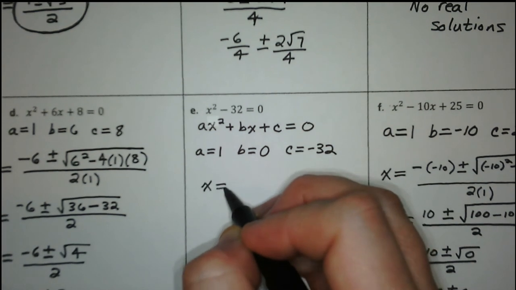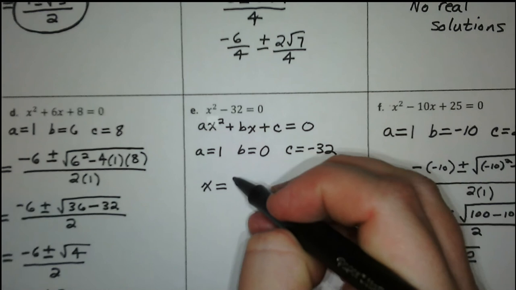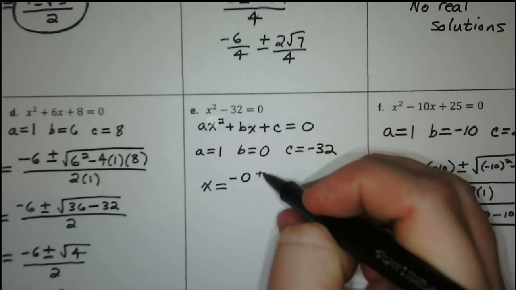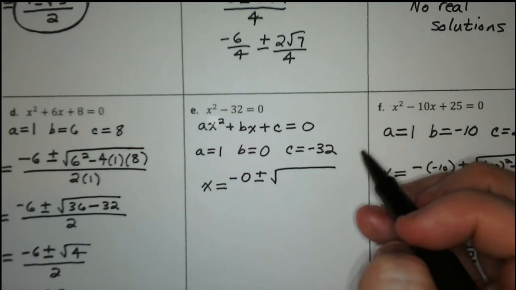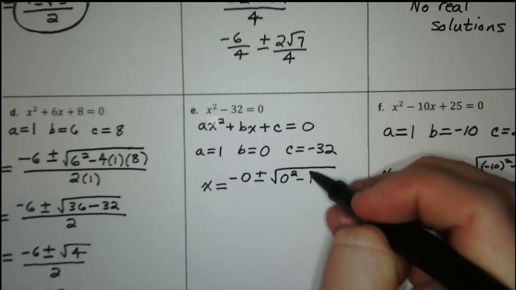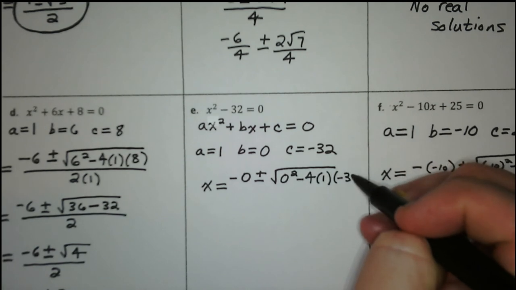So here we go. Negative b, which is negative 0, plus or minus square root of b squared minus 4 times a times c.